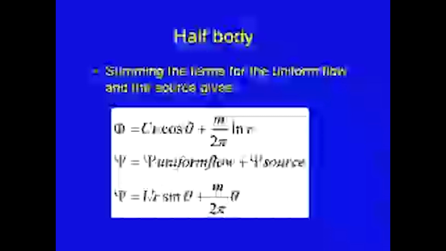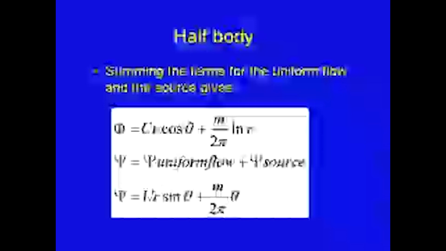And then the stream function for the half body is obtained: psi is equal to psi uniform flow plus psi source. Psi uniform flow is ur sin theta, so total psi is equal to ur sin theta plus m by 2 pi theta, where m by 2 pi theta is the stream function for the source.